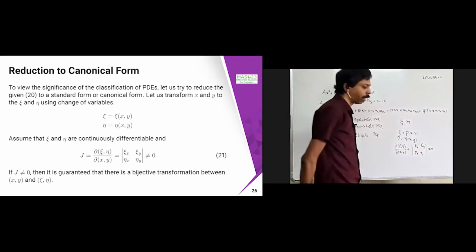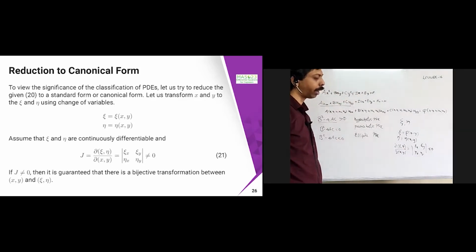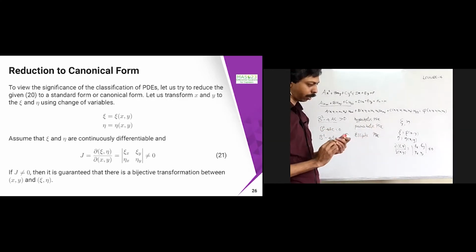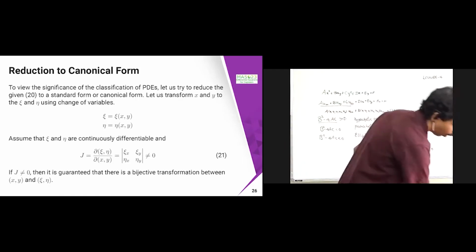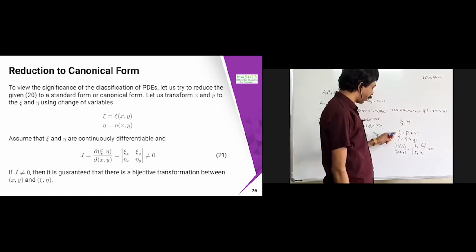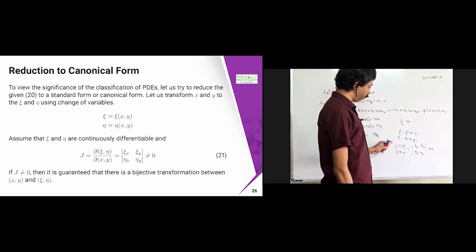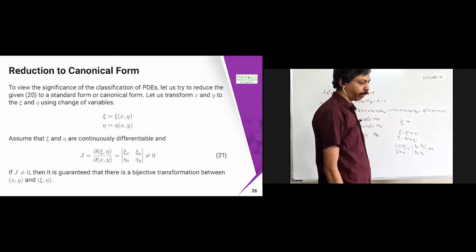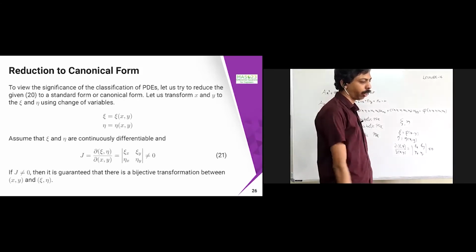If it is not equal to 0, then according to the implicit function theorems, the transformation is bijective, meaning this kind of transformation exists. So note that when you define chi and eta, the Jacobian should not be equal to 0. Only then can you say that the bijective transformation exists, and then you can find it.